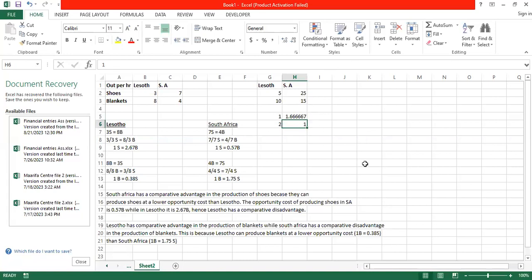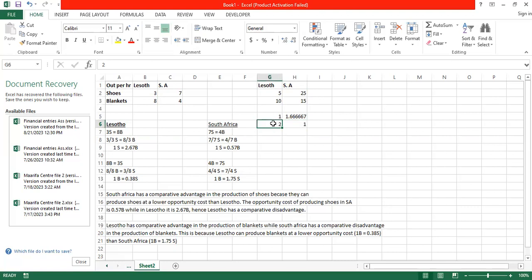So you can already see that in order for SA to produce one blanket, this is blankets at the bottom, how much do they lose? They basically lose 1.6 something. Starting with Lesotho, if you do the divisions, one blanket is going to be 0.5. So Lesotho should concentrate on the production of blankets because the opportunity cost is lower there.